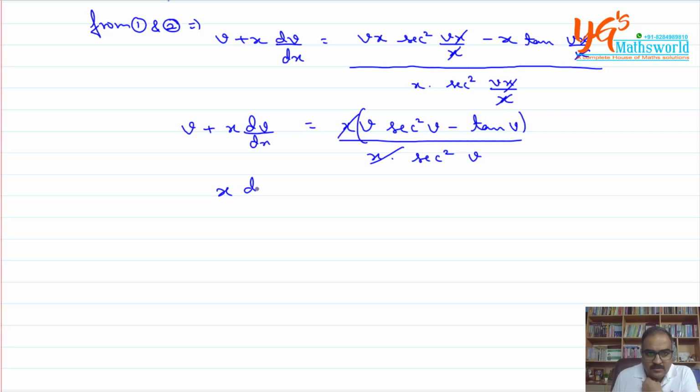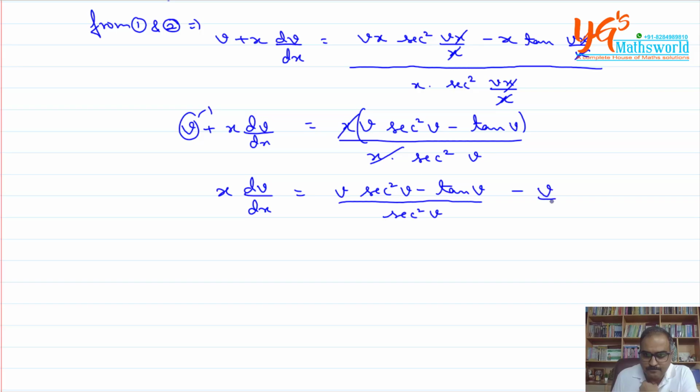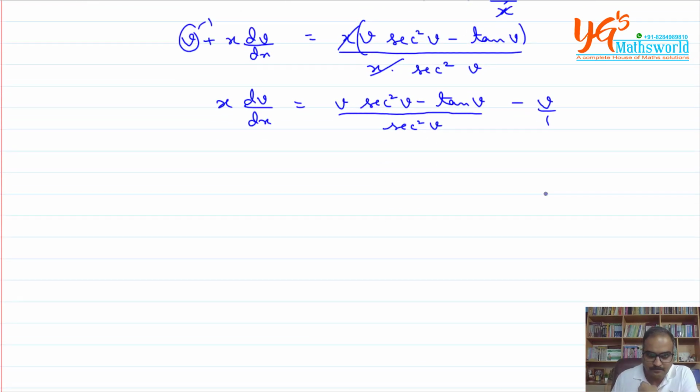And x dv by dx will be equal to v times secant square v minus tan of v divided by secant square v. Now I'm taking this v on the other side, minus v upon 1.